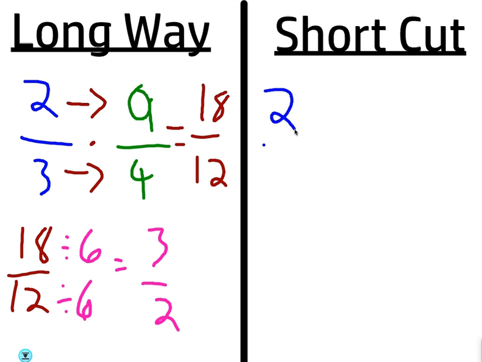Okay. Now the way cross division works is you divide top left and bottom right first. So what I mean is the 2 and the 4. Now guys, listen to me very closely. Start with the bigger number. Whether it's on the top or bottom, it doesn't matter. Which one's bigger, 2 or 4?